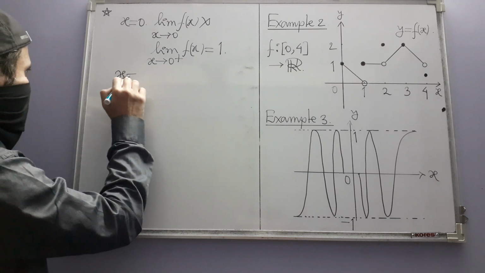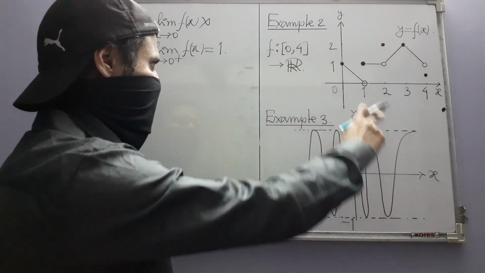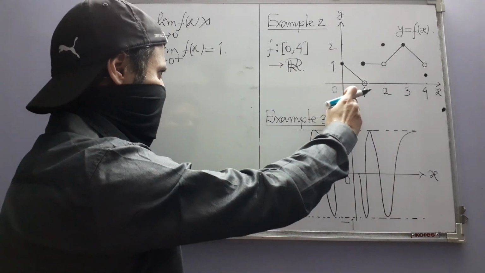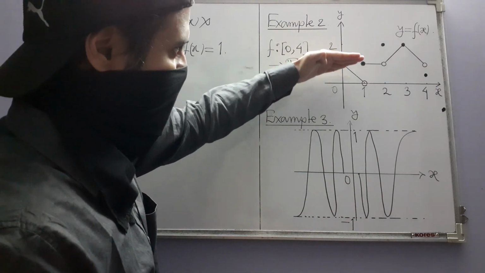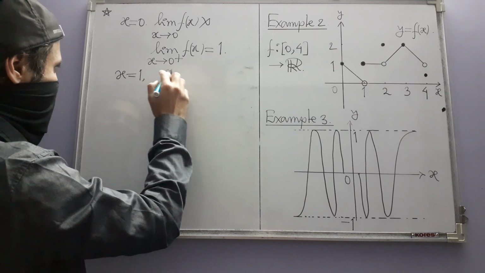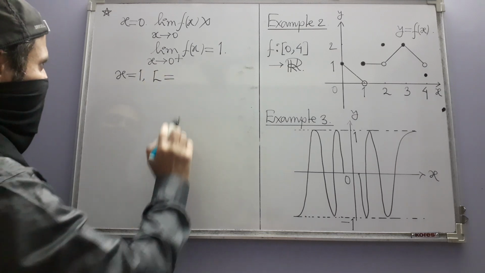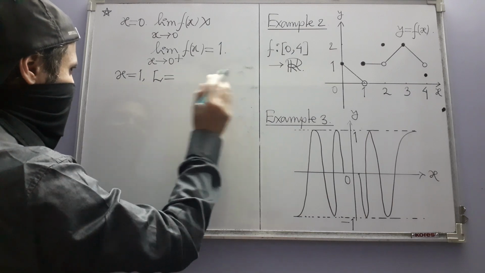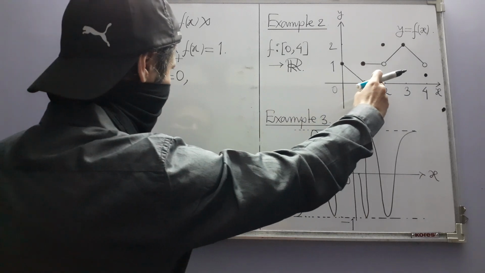What happens at x equal to 1? Here, the left hand limit, that is, as x approaches 1 from the left side, the functional values approach 0. So the left hand limit at 1 is 0. And what about the right hand limit?